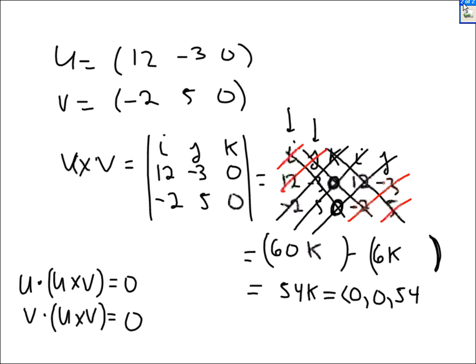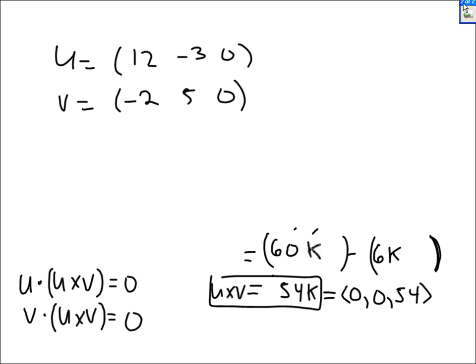And I claim that this new vector, u cross v, 54k, is orthogonal to u and v. Maybe I'm making this up. Let's see if I'm right. You're definitely going to be asked to verify this.